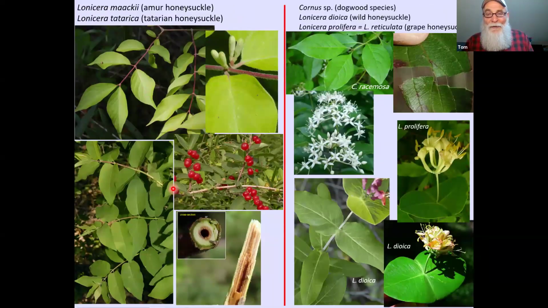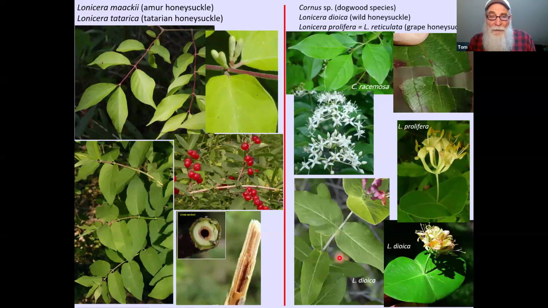Unfortunately, you don't see it very well here because I wasn't trying to show enough to show how to separate these two. But the leaf shape will be pretty good to separate prolifera from dioica. And by the way, prolifera now is going by reticulata. Well, again, this hasn't been confirmed by Flora of North America, but that seems to be what will probably happen.